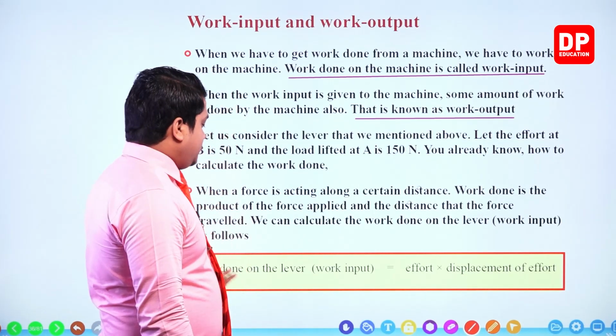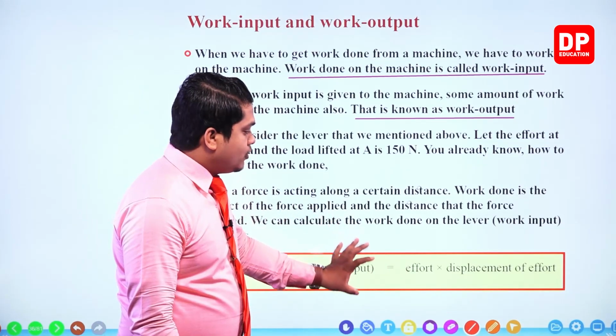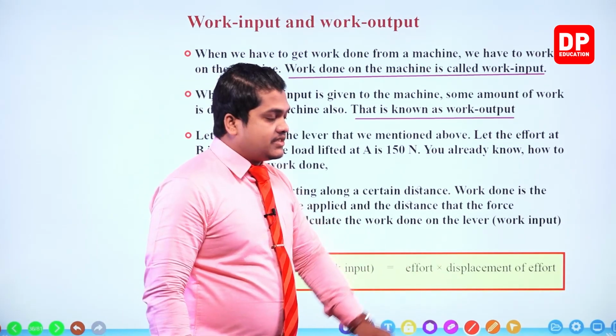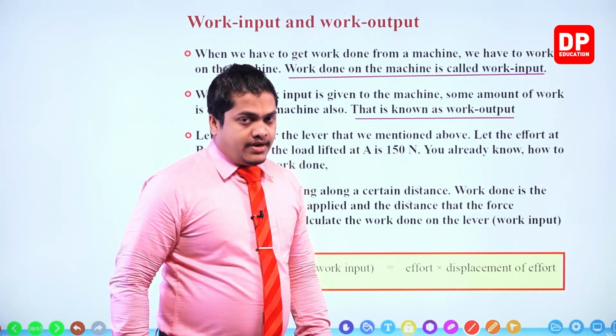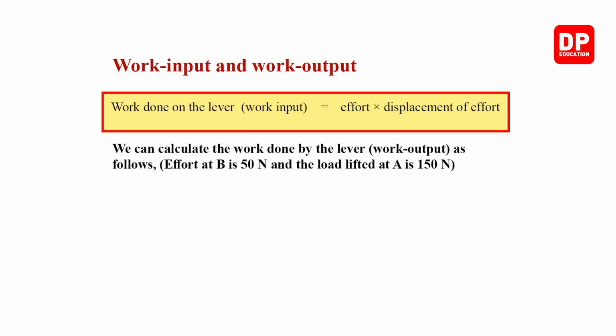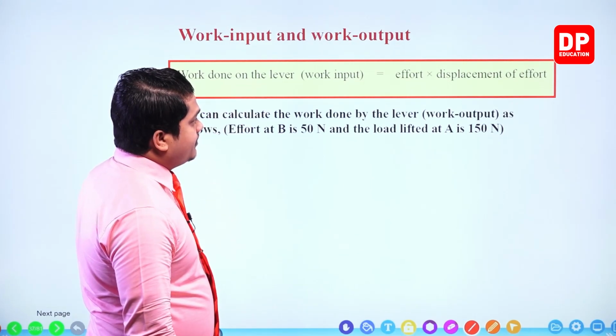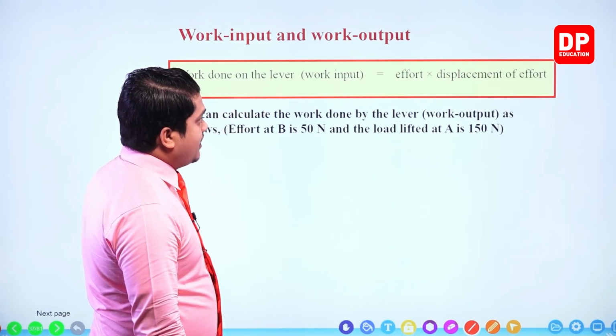This is how to find the work input, my dear children: the work done on the lever, the work input, is equal to effort times the displacement of the effort.